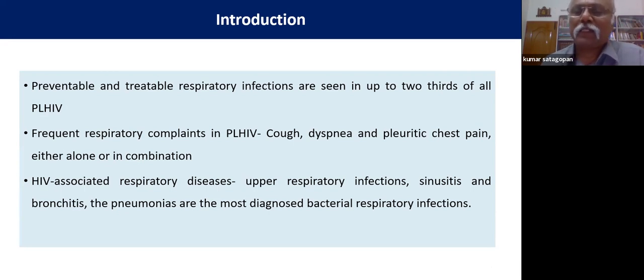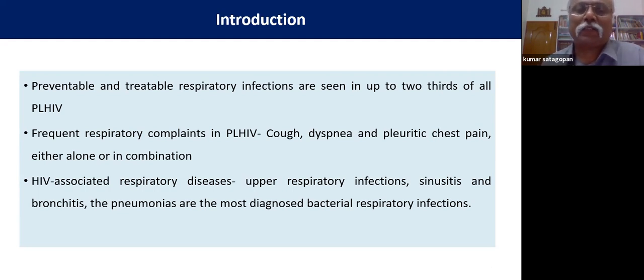The airway is exposed to so many aerosols and infections. We had a lot of PCP, bacterial pneumonias and many other infections. We even had respiratory emergencies during our duty days, in the form of pneumothorax after a tuberculosis infection, or pneumomediastinum and pneumothorax after a PCP, and acute PCP. People were coming with respiratory failure, ARDS, and we were very busy before the ART era.